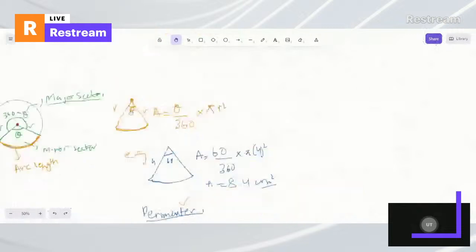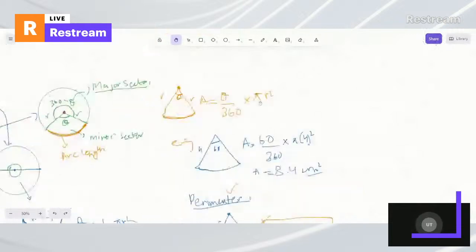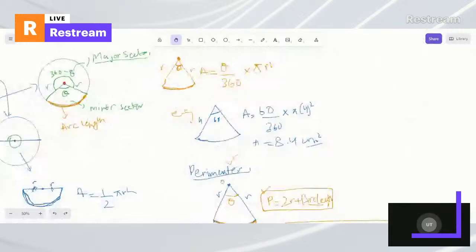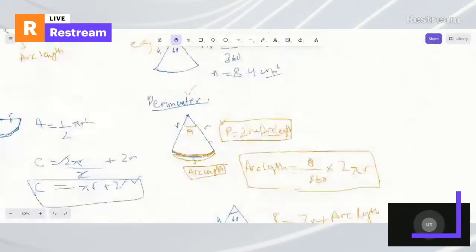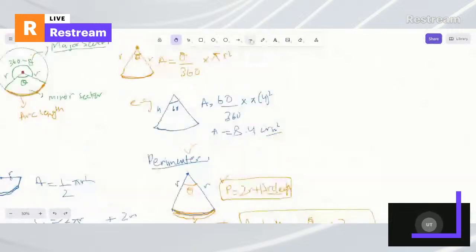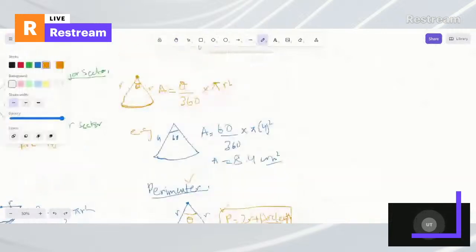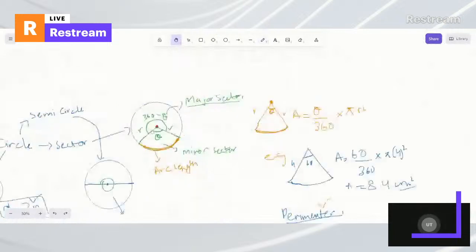In terms of sectors, we've talked about how to find the area of a sector and also how to find the perimeter of a sector. As it's a ratio, it's a portion of this whole circle.